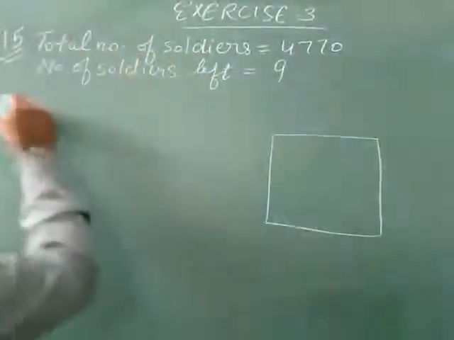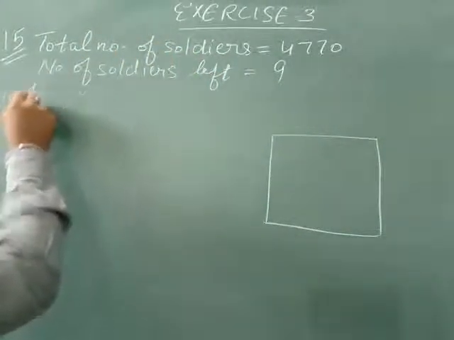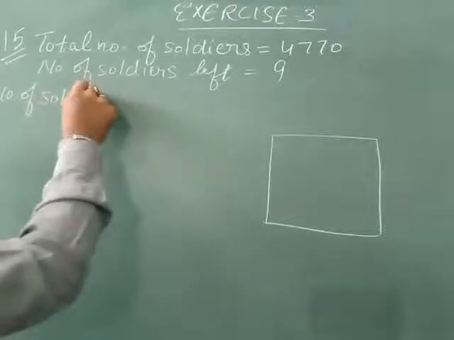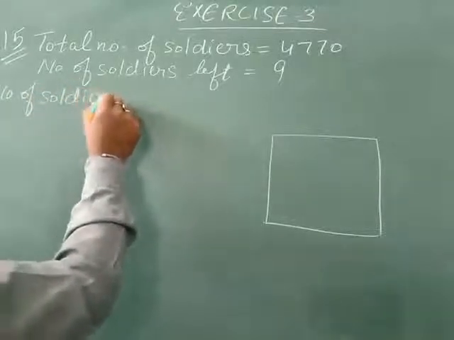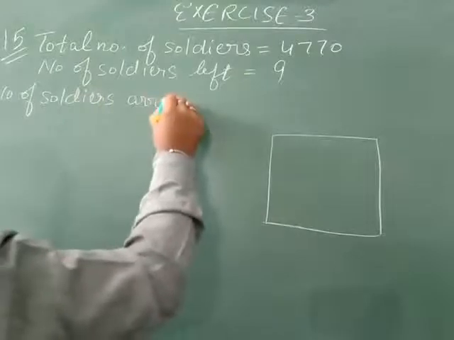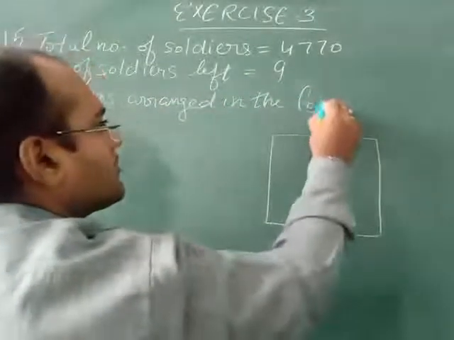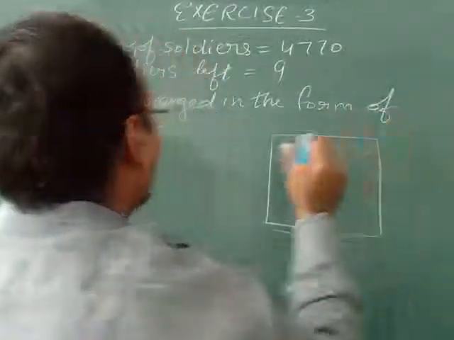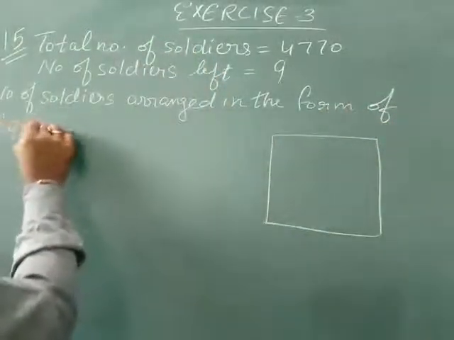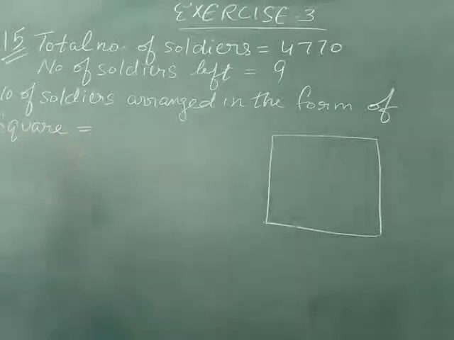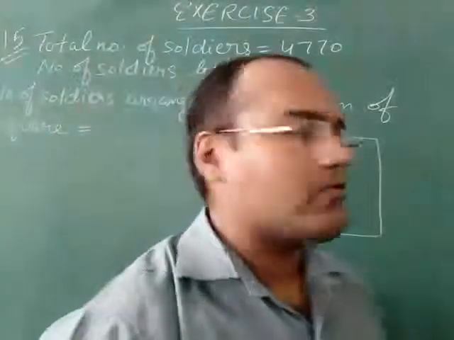So now you have to find the number of soldiers arranged in the form of a square. How many soldiers are arranged in the form of a square?